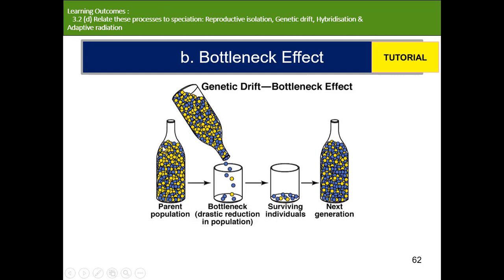The original population undergoes a natural disaster, drastic reduction, and a small number of individuals survive. The surviving individuals produce the next generation. So the allele frequencies of the next generation are not the same as the parent population.